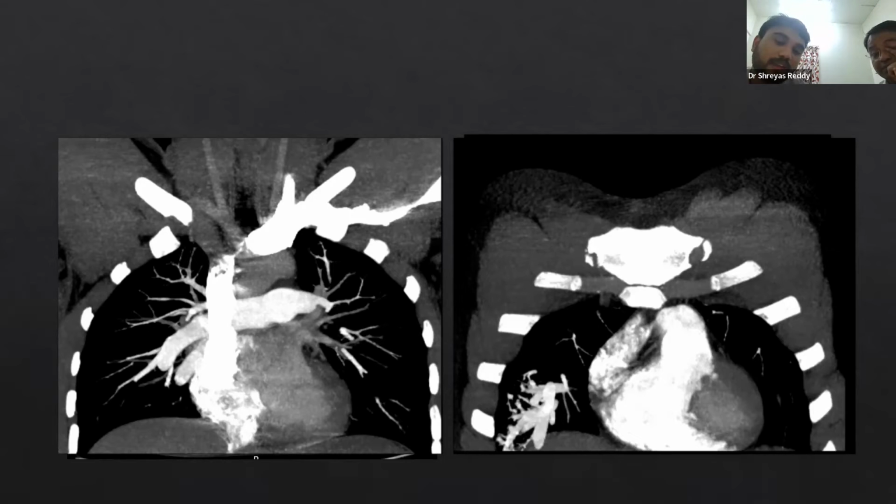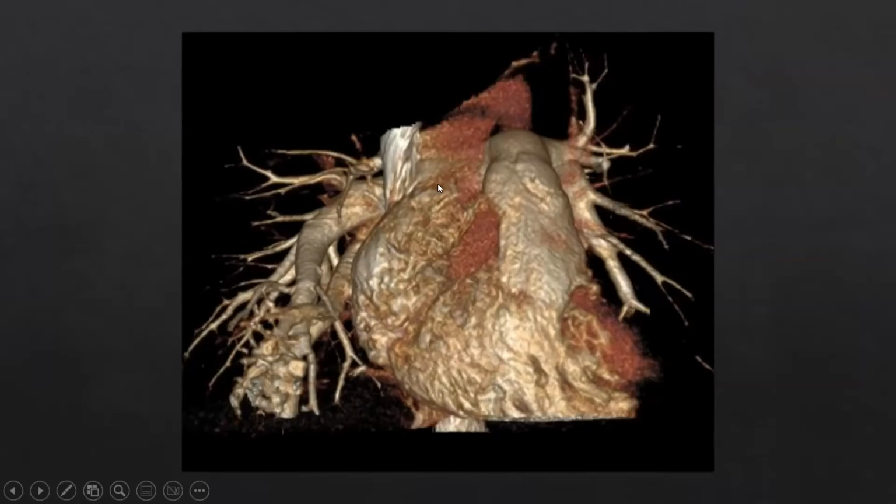This is the right atrium, right ventricle, and the pulmonary artery dividing into the right and left branches. From the right branch, we see the vessel leading to this group of vessels, and it is being drained by the pulmonary vein into the left atrium.